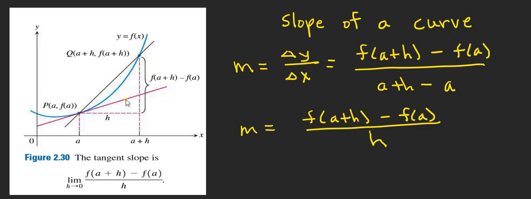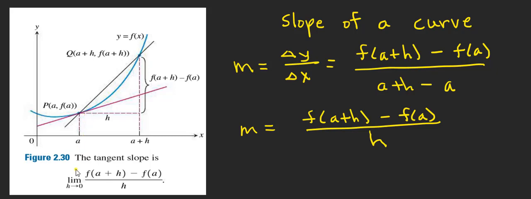As h gets smaller, this point right here is going to get closer and closer to the point a comma f of a. The point will end up over here, over here, over here, and so forth.